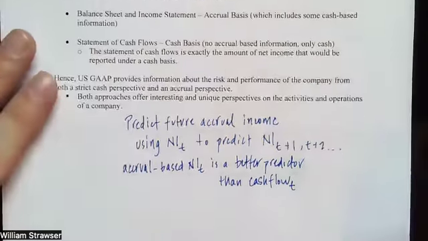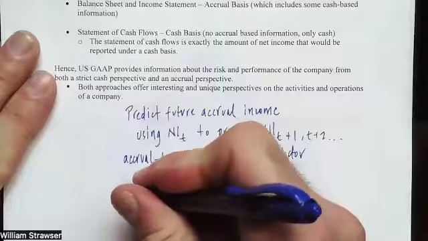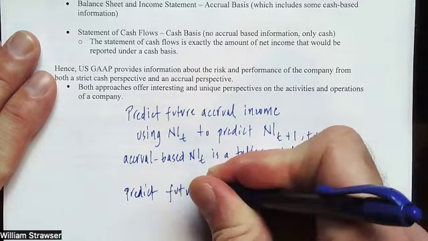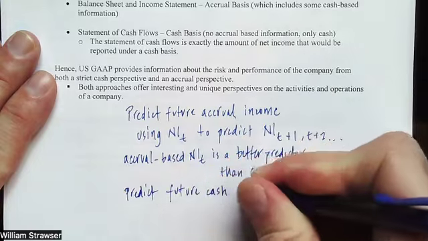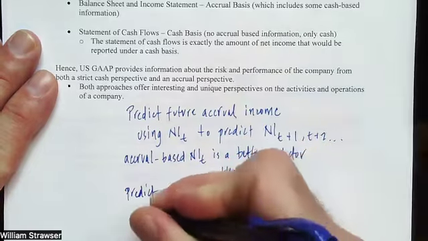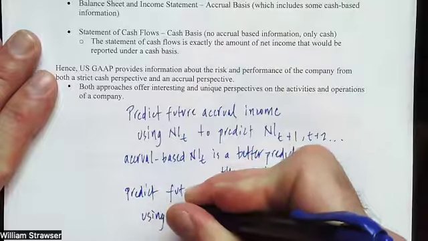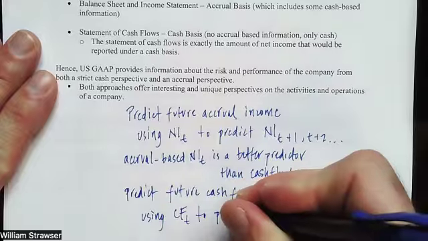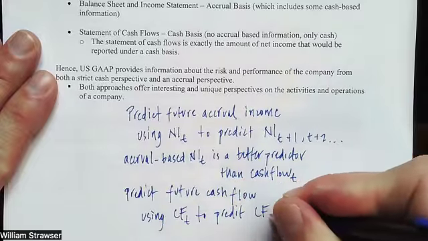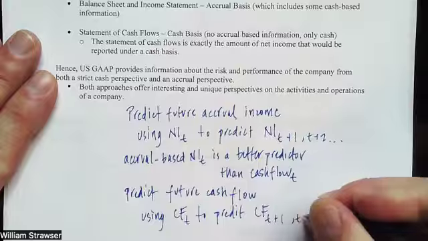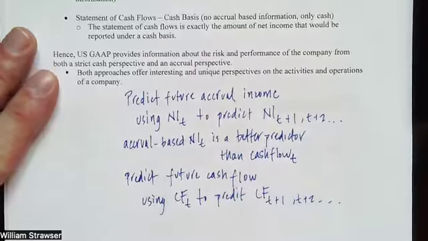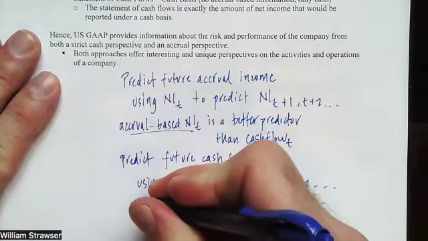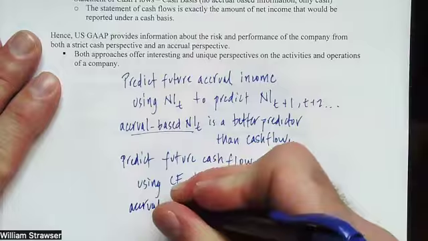But what is interesting is that when we talk about predicting future cash flow, so we're using cash flow at time t to predict cash flow at time t plus one, next year's, the year after that, and so on, accrual-based net income is still the better predictor.